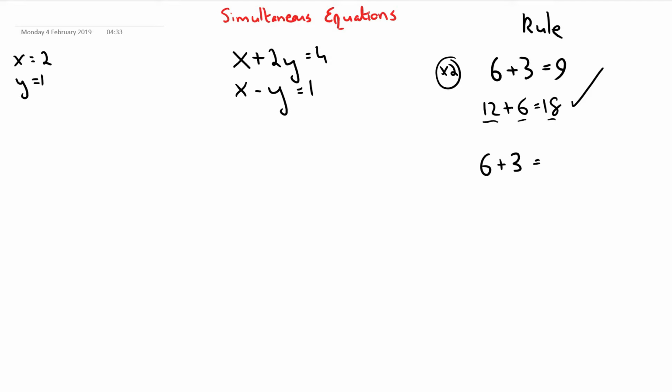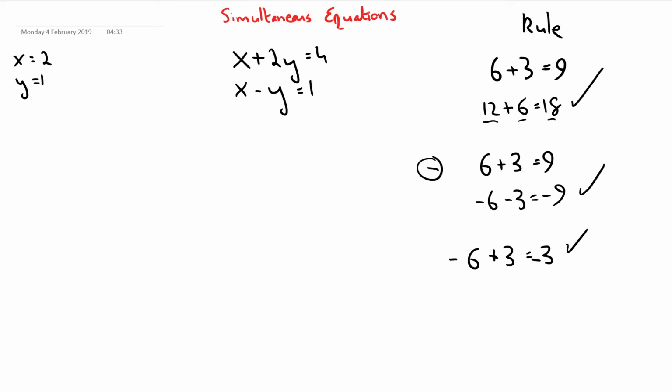Let's see if this works now. 6 plus 3 equals 9 again. Let's change the signs. Minus 6 minus 3 equals minus 9. That's still true. Okay. Let's see if we can do something slightly different. So 6 minus 3 equals 3. Let's change the signs here. Change that to a minus, change that to a plus, change that to a minus. Is that still true? Yes, it is. So, my two rules.